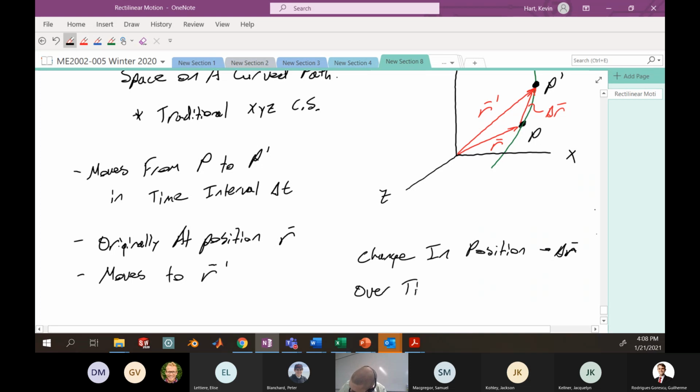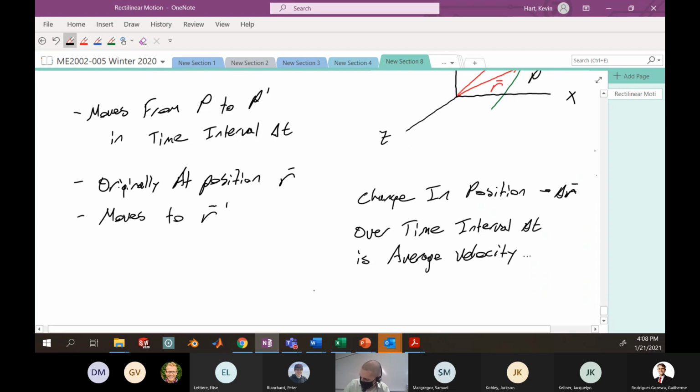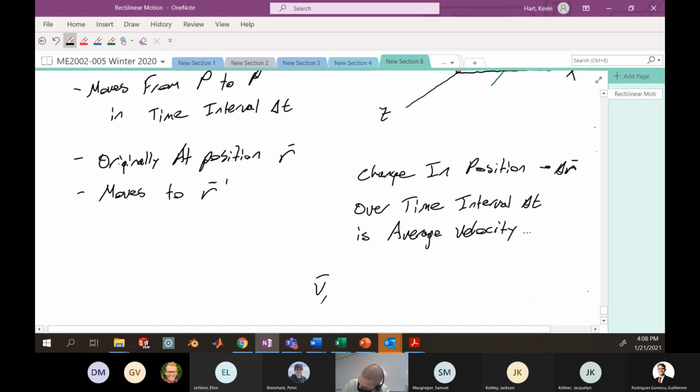So over time interval delta t is average velocity. Specifically, my average velocity, which is a vector, is this change in the position over the change in time.